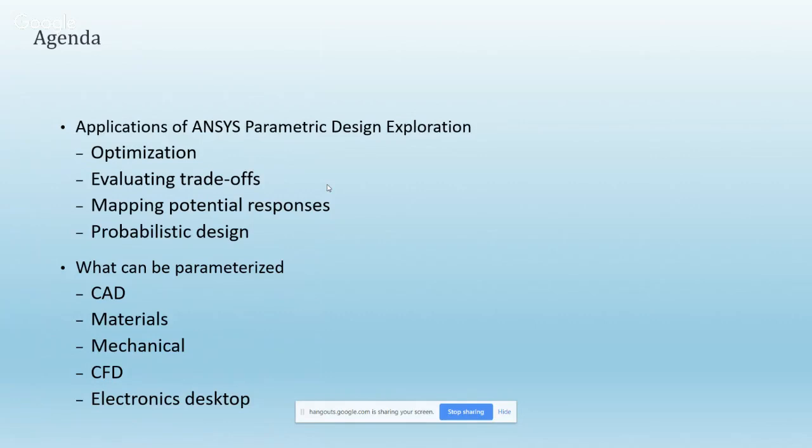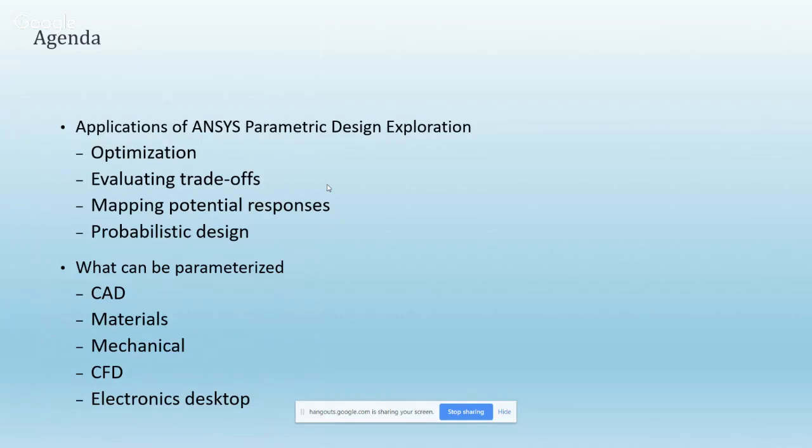So this is a quick overview of the agenda today. We're going to take a look at different ways we can apply ANSYS parametric design exploration. We will talk about optimization, evaluation of trade-offs, then some maybe less used parametric possibilities like mapping of potential responses and probabilistic design, or Six Sigma analysis as it's known in ANSYS.